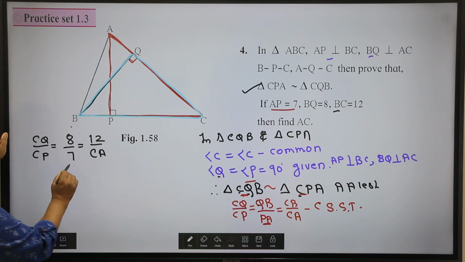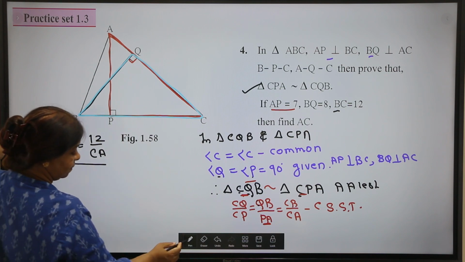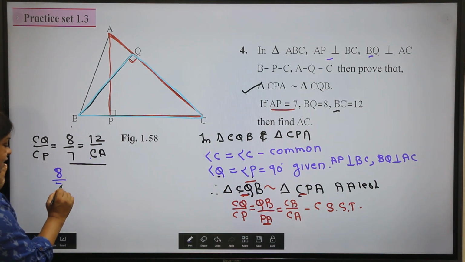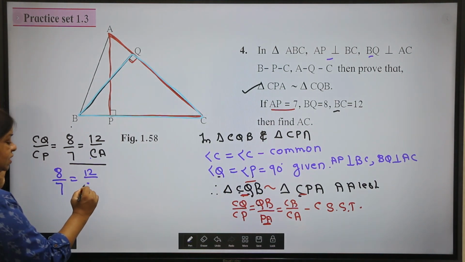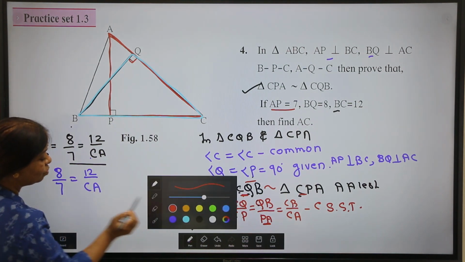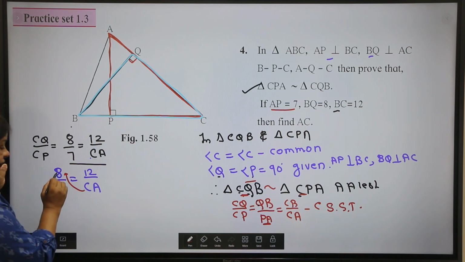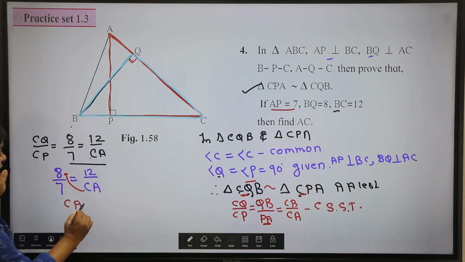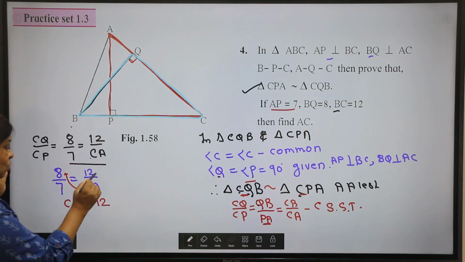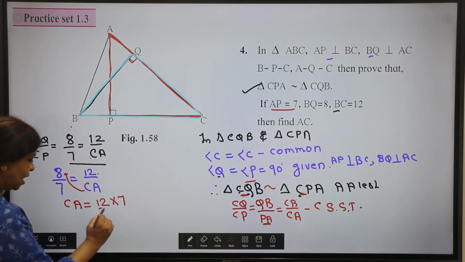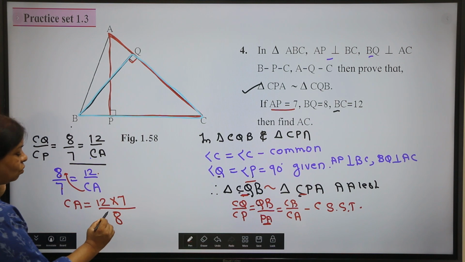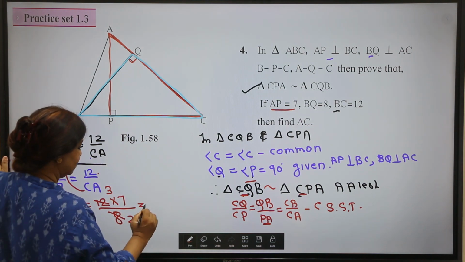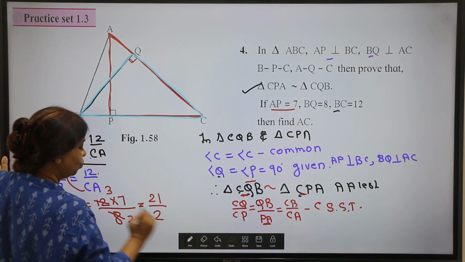Now we can take only these two and find CA. See how. I take 8 upon 7, equal to 12 upon CA. CA will move in place of 8 and 8 will come in place of CA. So CA is equal to 12 into 7 upon 8. 4 2s are 8, 4 3s are 12, 3 7s are 21, upon 2.